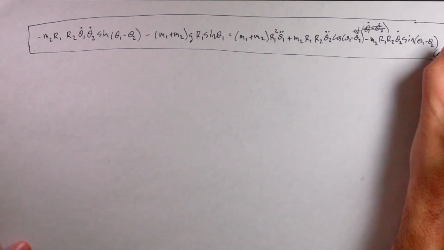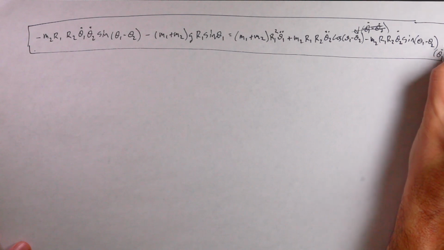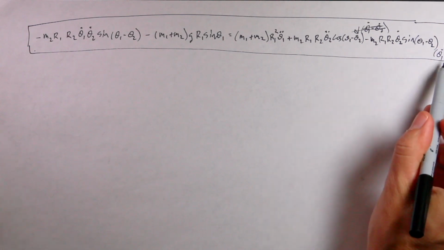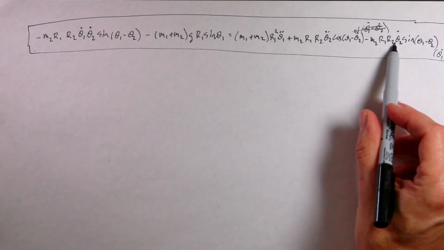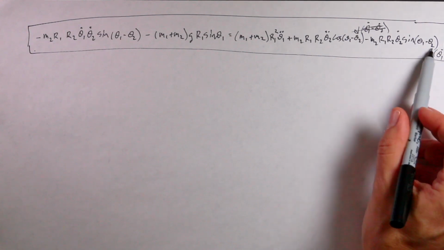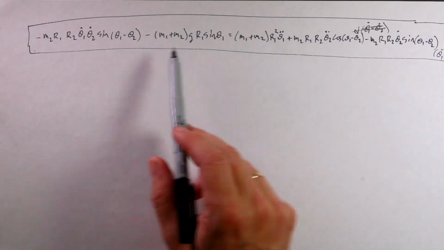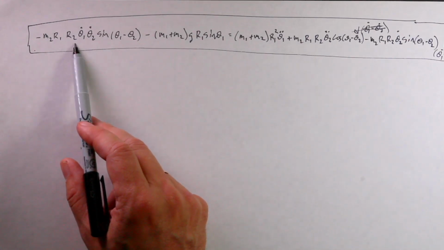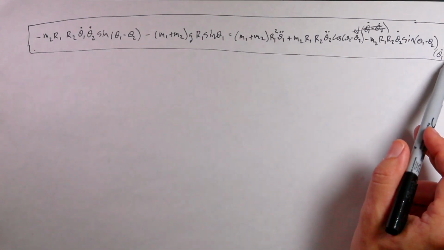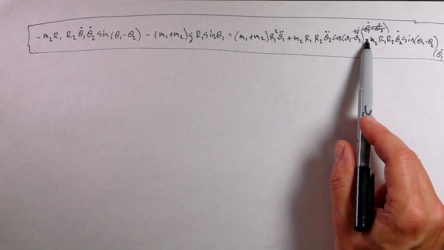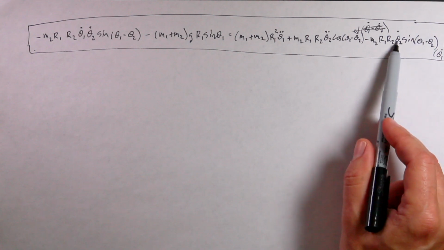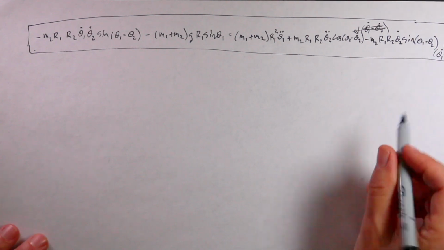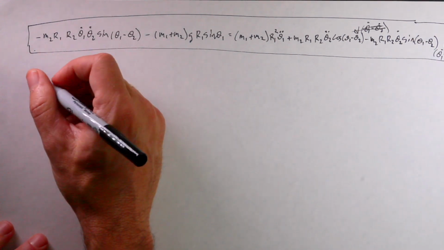This has a theta 1 dot minus theta 2 dot. So when I multiply this together, now I'm going to get an M2 R1 R2 theta 1 dot theta 2 dot sine theta 1. And then over here, I have that same thing, so that's going to cancel. I'm just going to be left with the positive version of that with theta 2 dot squared, right? Because I'm going to have that one times another theta 2 dot. So this is what I actually get.